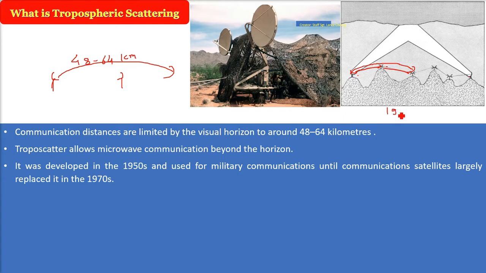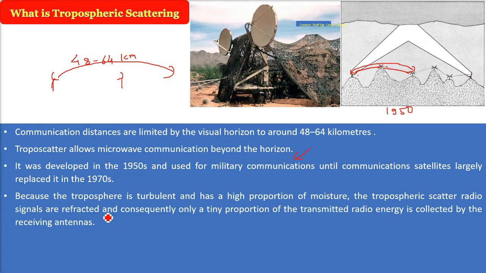Troposcatter was developed in the 1950s mainly for military communications in the United States, and militaries are still using it. The troposphere is very turbulent, with a high proportion of moisture, eddies, and all the weather formation activity taking place.